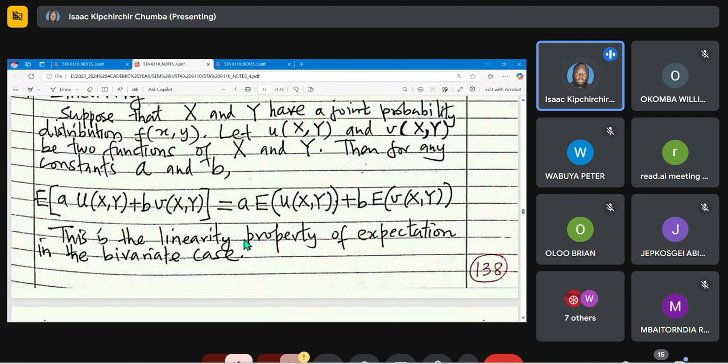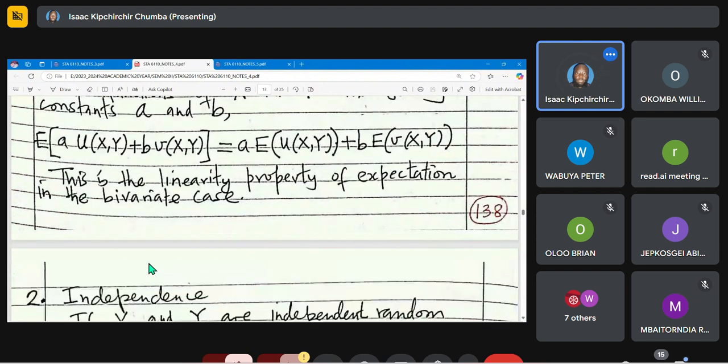So this is what we call the linearity property of expectation in the bivariate case. Where you have constants, just take them outside. Where you have addition, just sum them up. Even when you have subtraction, addition and subtraction go together. When you say a minus b, it's like saying a plus minus b, same story.